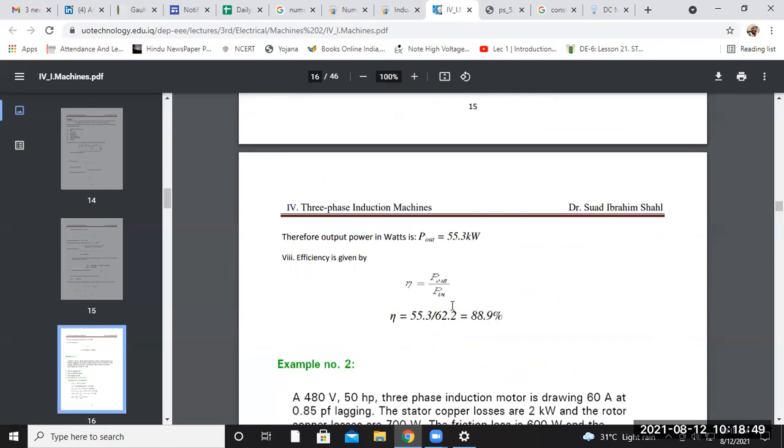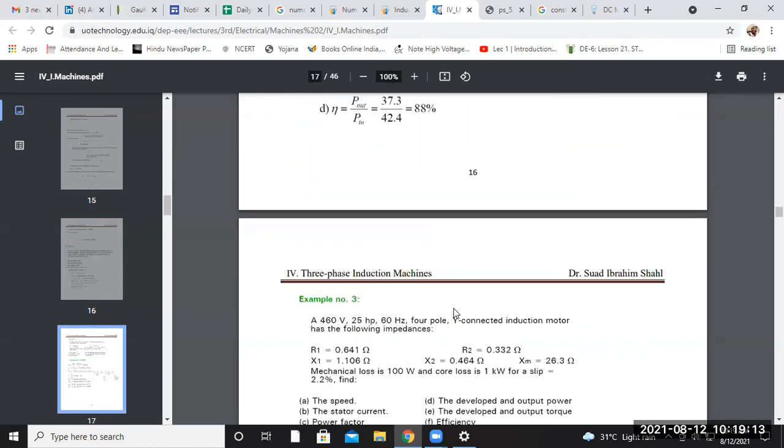So the efficiency is quite commendable for an induction machine. We can improve the efficiency of the induction machine by decreasing the losses that occur in it. So using that concept, we have derived the various parameters involved in the induction machine.